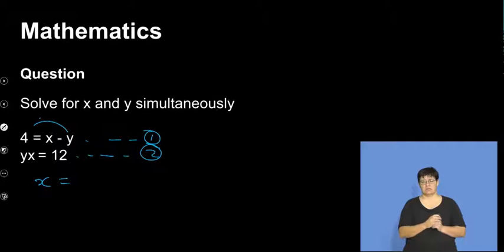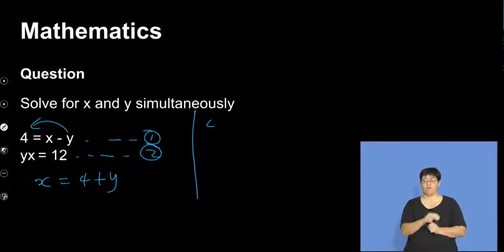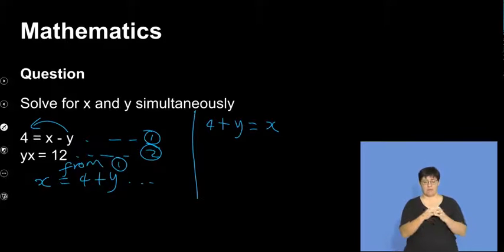It means the y must go that side. So it becomes 4 plus y equal to x. I'm just writing it in standard form. And this was from equation 1, remember that. And then I label it equation number 3.